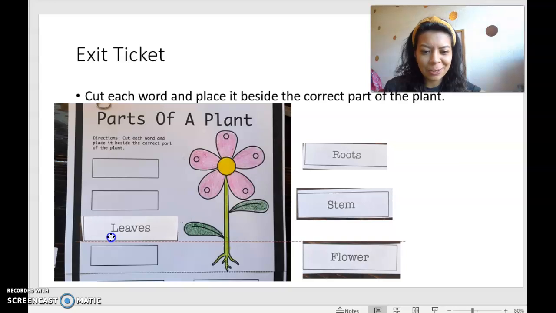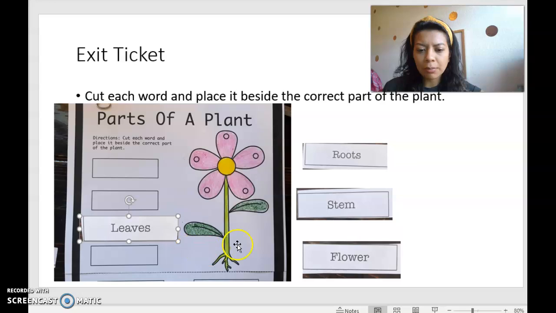So where on my flower am I going to put leaves? If you said right here, you're correct. Yes, the leaves are these things that you usually see that stick out from the plants. Our next word here is roots. Where on the plant do you see the roots? Do we see it up here on the top? Is it this that holds the plant together?